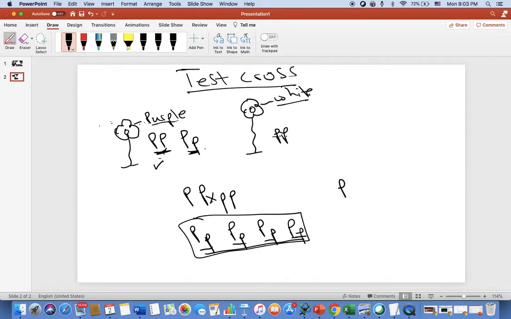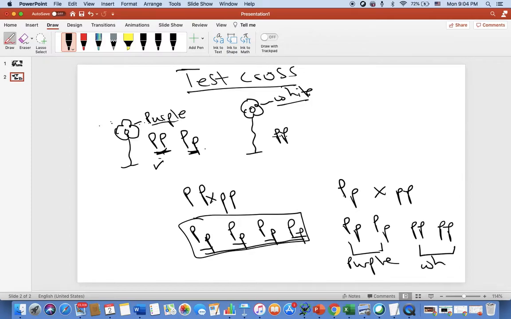Conversely, if we cross with homozygous recessive, the combinations that we would get here is 50% would be purple and 50% would be white.